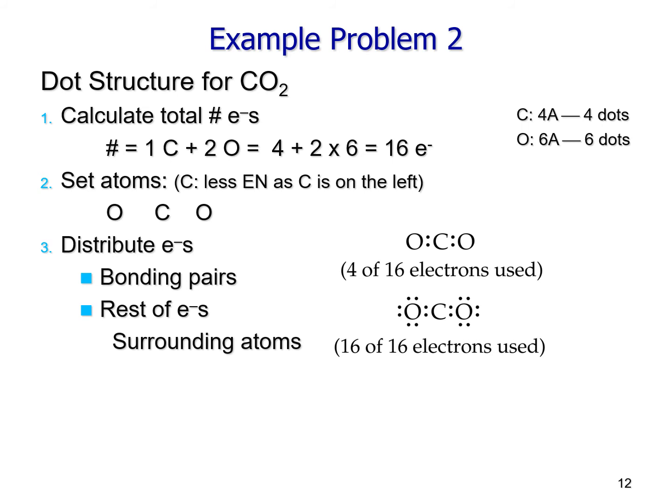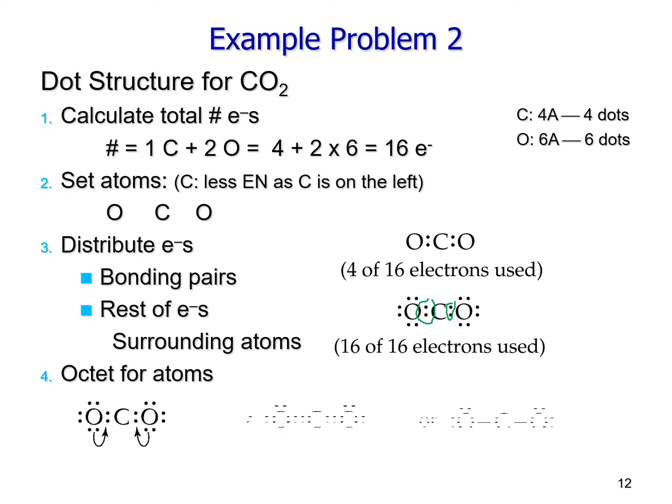That makes a total of 12 electrons, plus 4 that are being used for chemical bonding. We used up all the electrons. In this case, we still see carbon has only 4 electrons, which is not enough. That is the reason why carbon will call on 1 lone pair from each oxygen to join, so that carbon can have an octet with a double bond on either side.